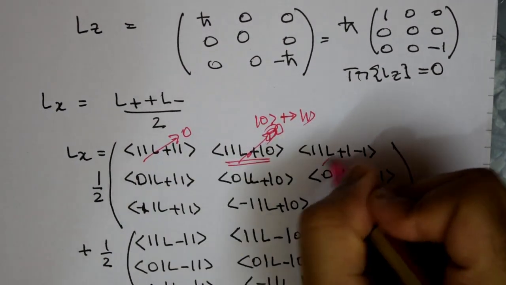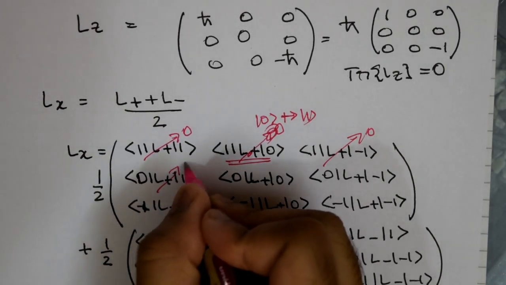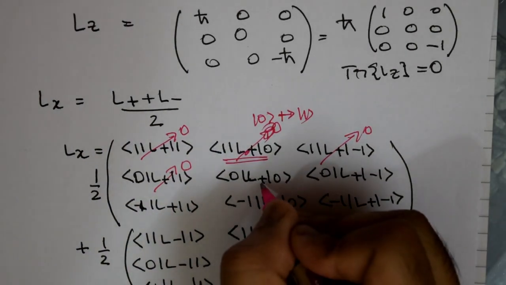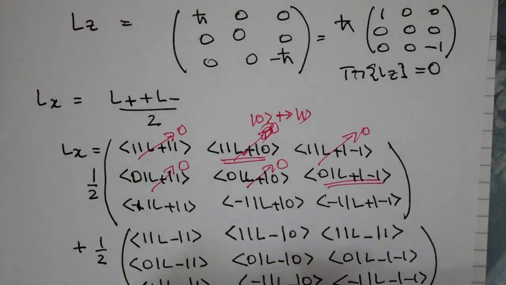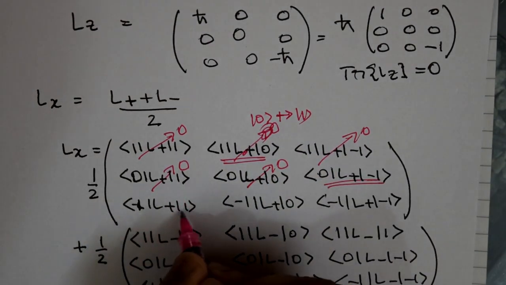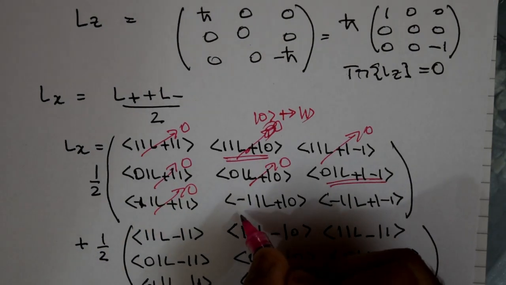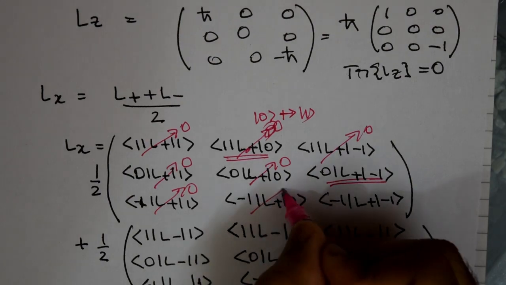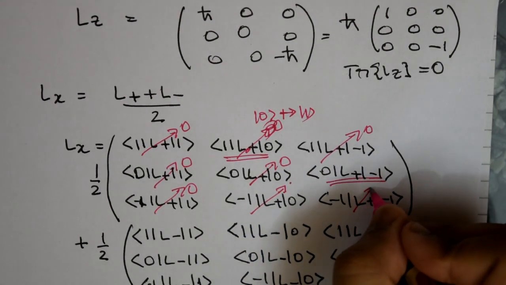On the other hand, this element will be 0. The same argument: this will be 0 because L plus on 1 is 0 itself, L plus on 0 is 1, so this will go, but on the other hand this element will exist. Here you have an L plus on 1 that will go to 0 plus 1, so basically minus 1, when you have L plus, this also goes to 0, and in this case this also goes to 0.